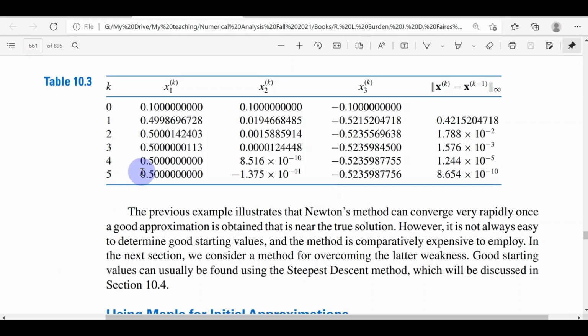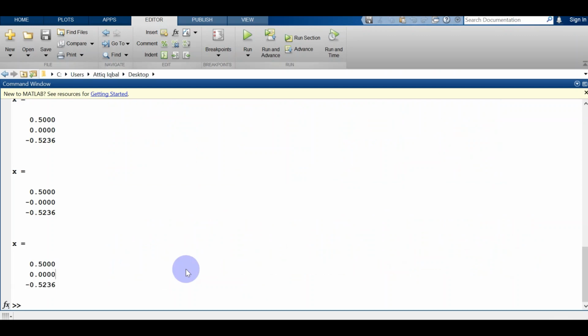You can see in the fifth iteration I have 0.500, and this is obviously 0, it's 10 raised to the power minus 11. So up to 11 decimal places it's 0, and this is minus 0.5236 if I round it off to 4 decimal places. So I'm getting the same answer. If you want to see more decimal places, you can use the format long command here and then run the code again.